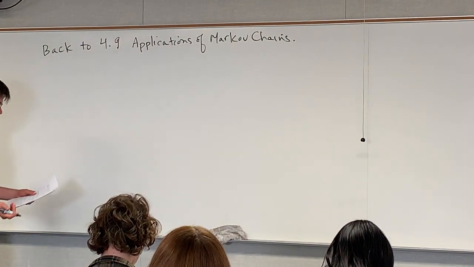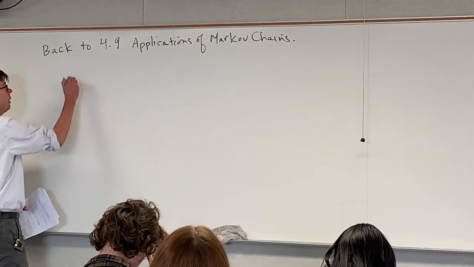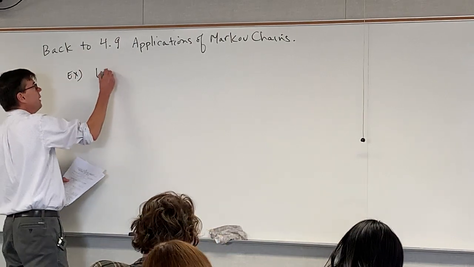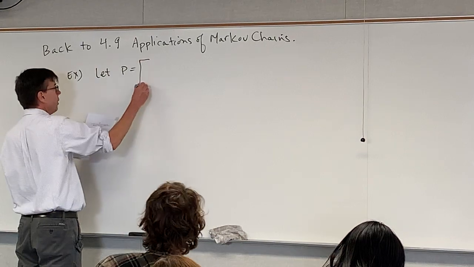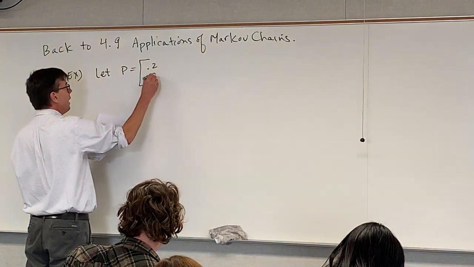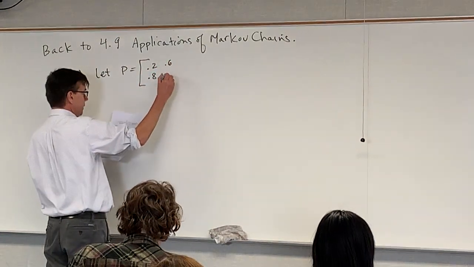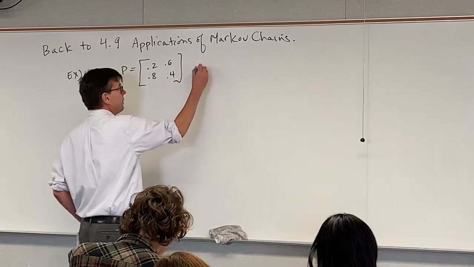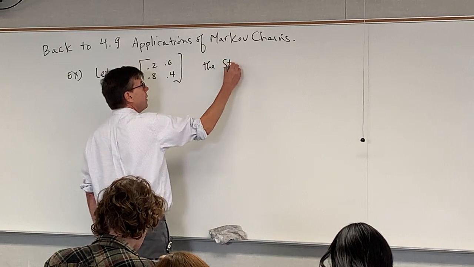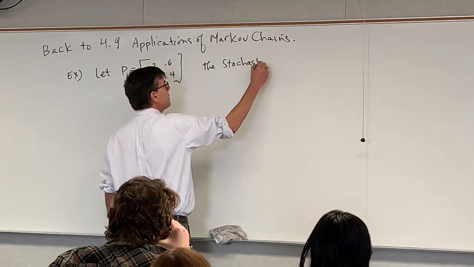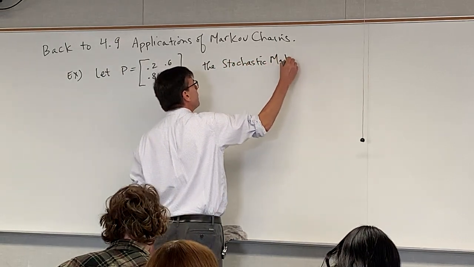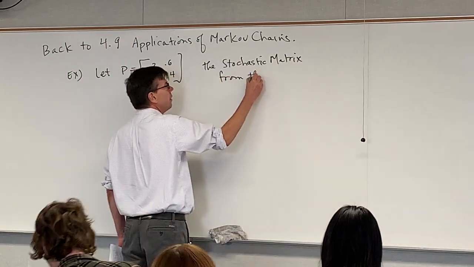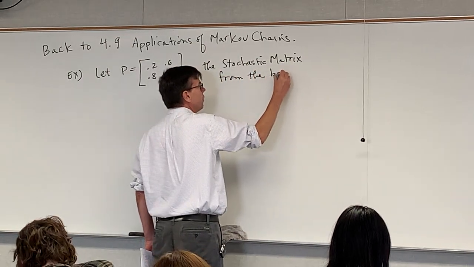We're going to do this exercise. Let P equal 0.2, 0.8, 0.6, 0.4, which is the stochastic matrix from the breakfast example.